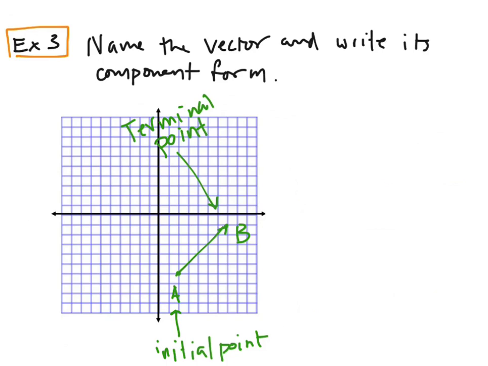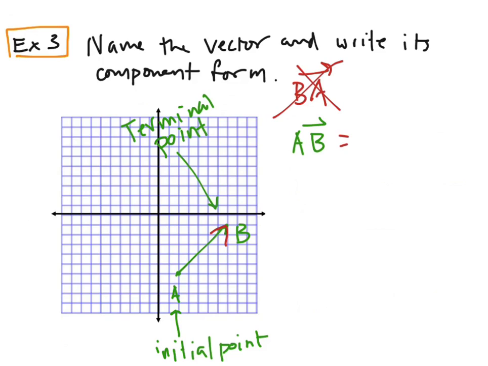We have to do initial point first, so AB. If we did BA, that would be wrong, because as you can see by the arrow, it's pointing in that direction. So we got to go from A to B.